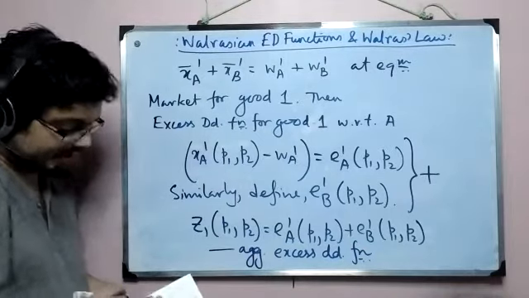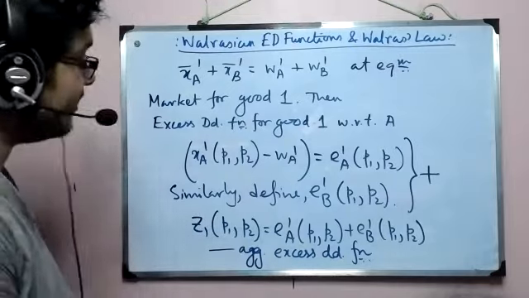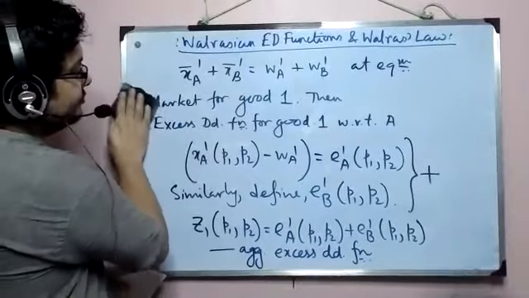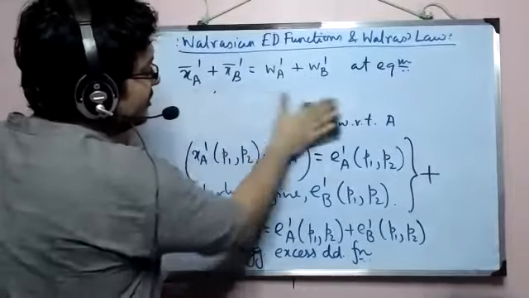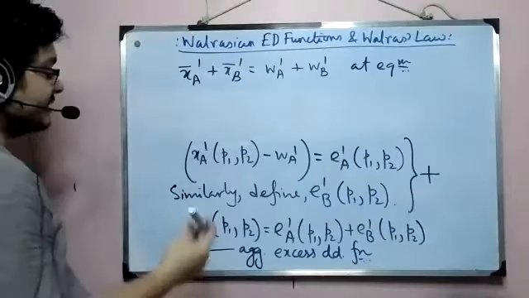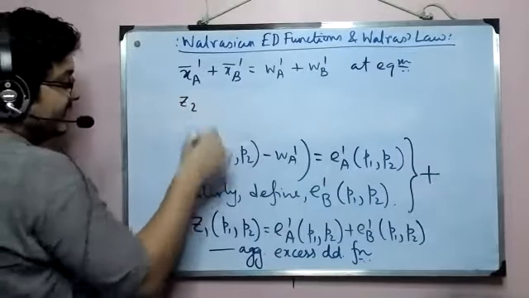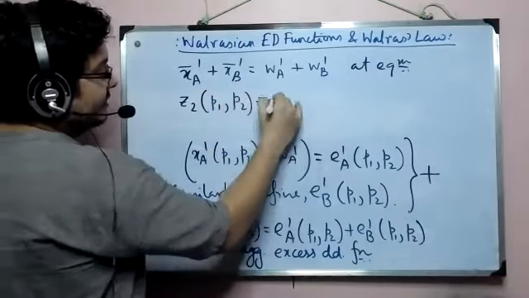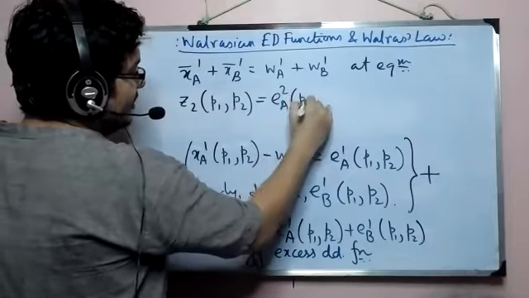Okay. And similarly, we can have that for good 2 as well. So for good 2 also, we will have a function which looks just like this. So Z2 of P1, P2. So this is for good 2.